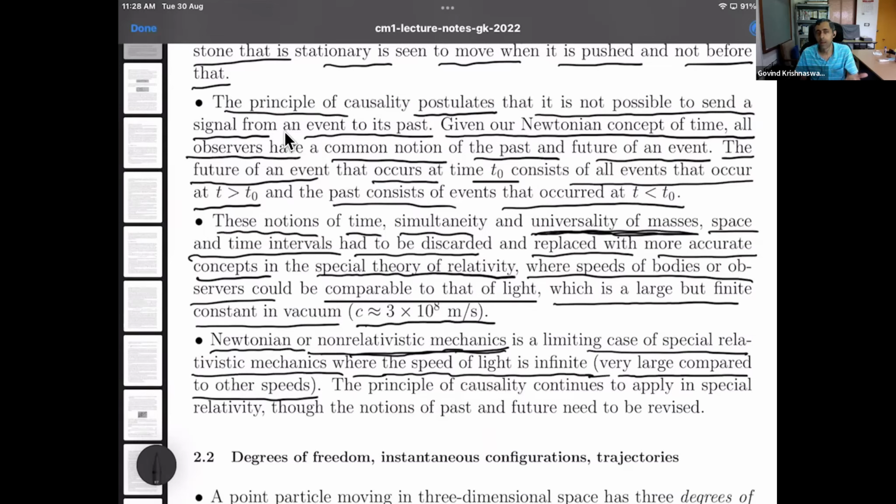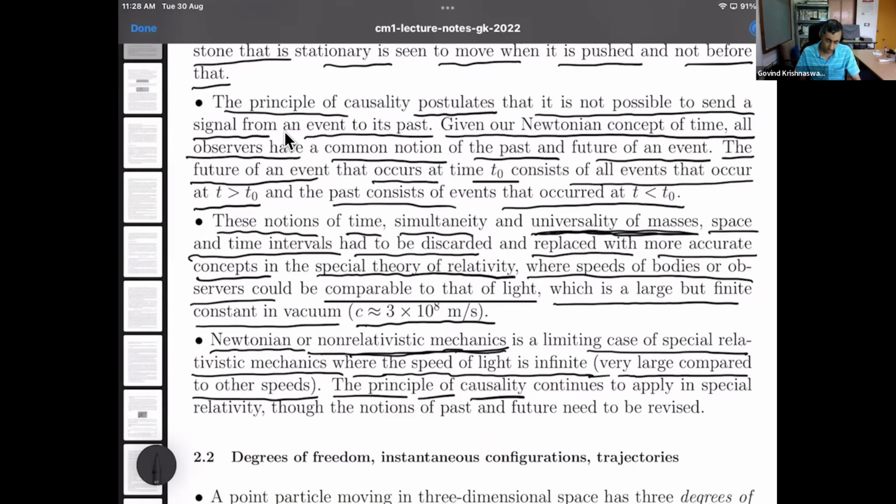So if you are studying the motion of cricket balls in a stadium, the speed of those cricket balls is much, much less than the speed of light, and non-relativistic Newtonian mechanics can be applied to their study. We just saw that 140 kilometers per hour or so is the speed of a cricket ball, at least one bowled by a fast bowler.